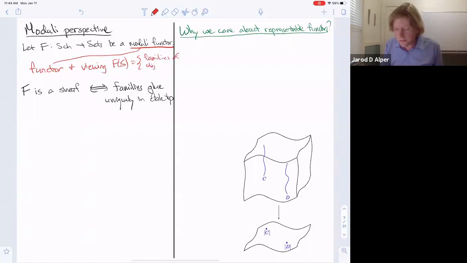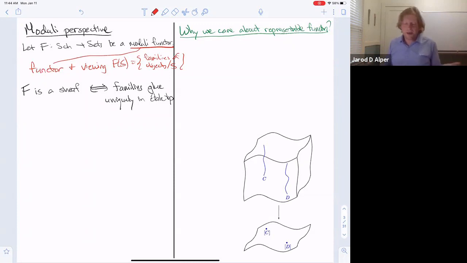of objects over S. So in some sense, every functor you can view as a moduli functor where families are just defined to be sections. That's similar to viewing every scheme itself as a moduli space parameterizing points of that scheme, right?